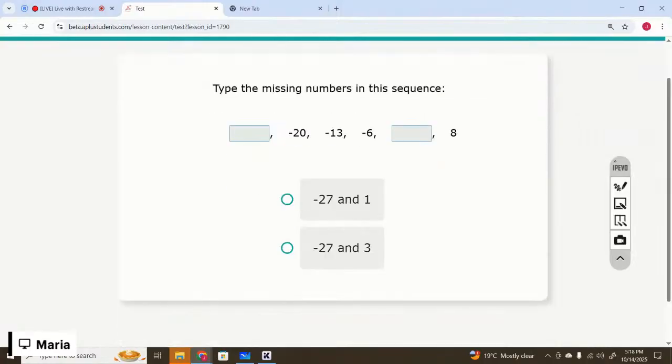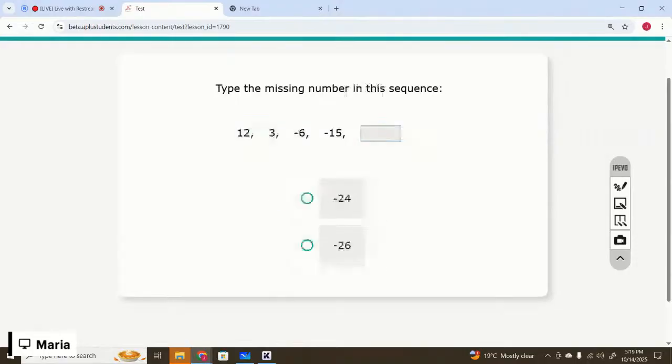Negative 20, negative 13, negative 6. That is negative 27 and 1.